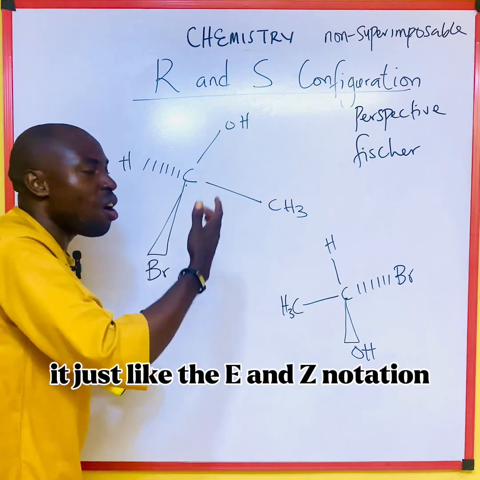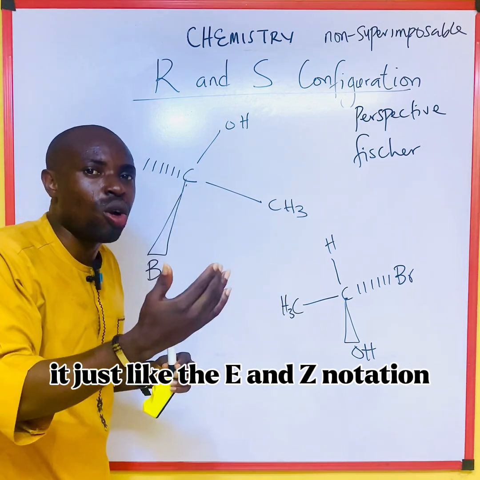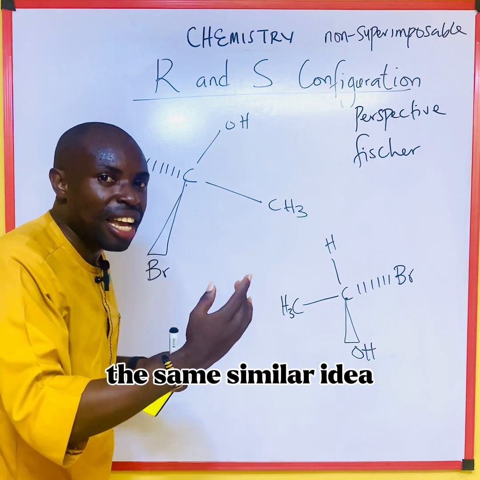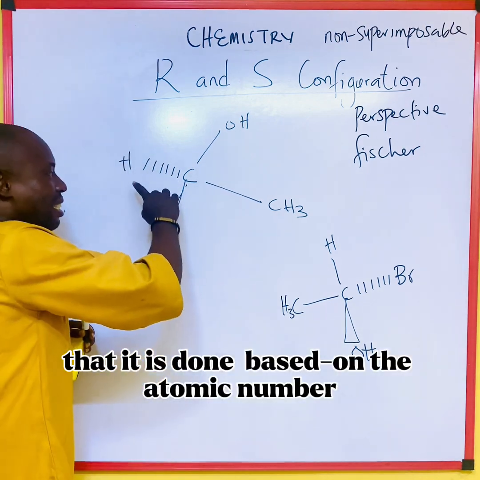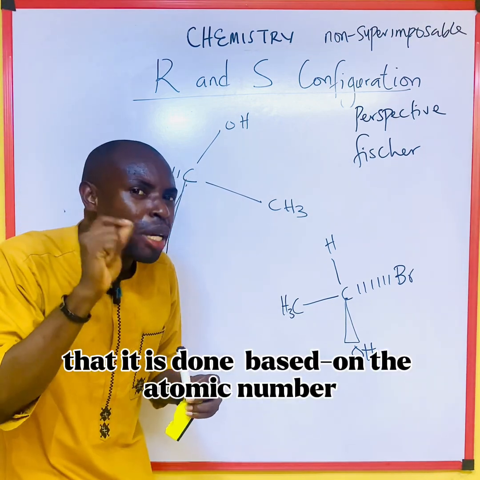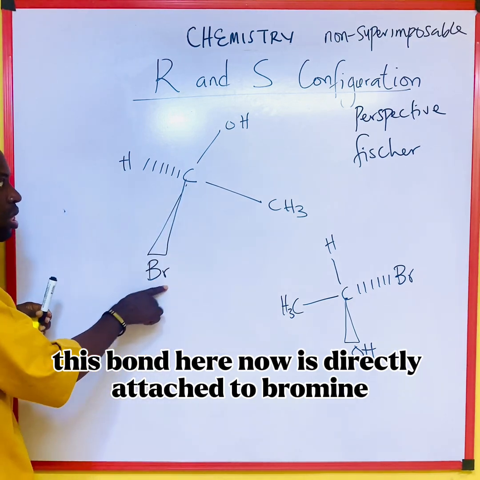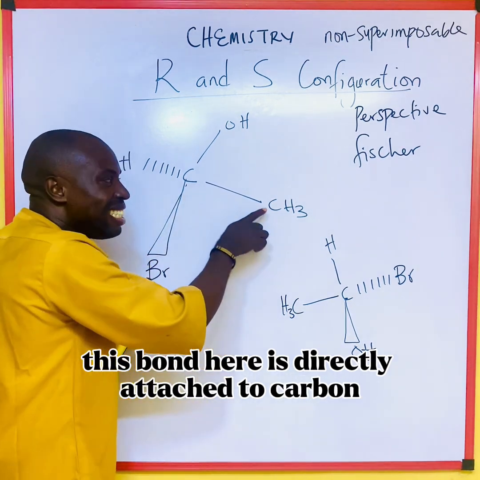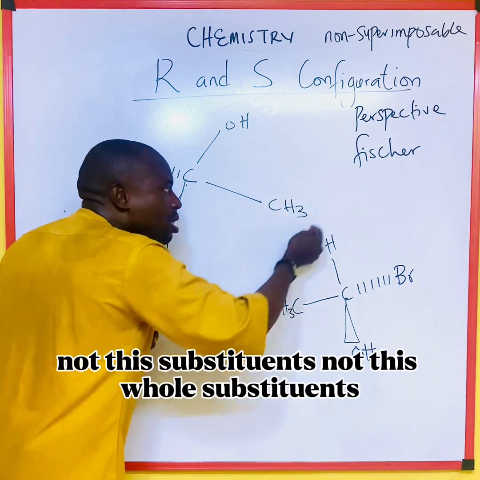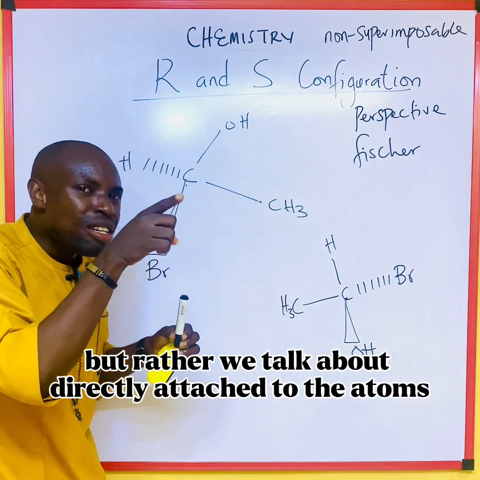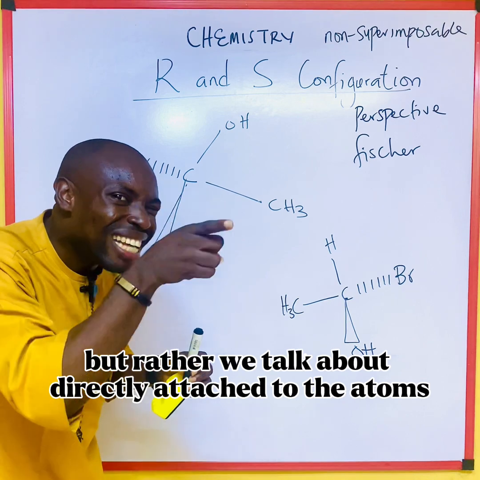Just like the E and Z notation I did in my previous video, the same similar idea is done based on the atomic number. Meaning this bond here is directly attached to bromine. This bond here is directly attached to carbon, not the whole substituent, but rather we talk about the atoms directly attached.